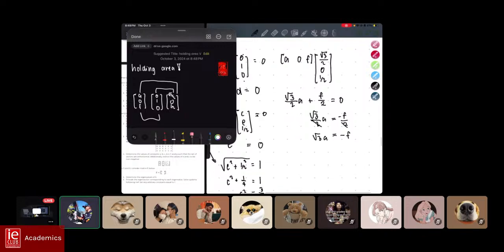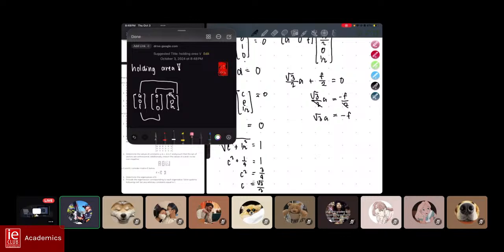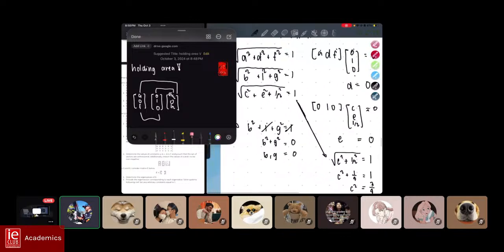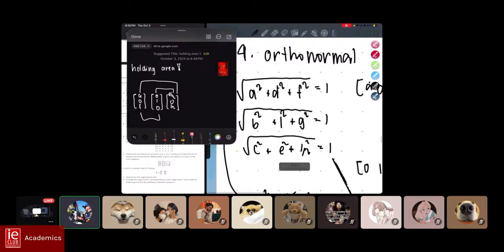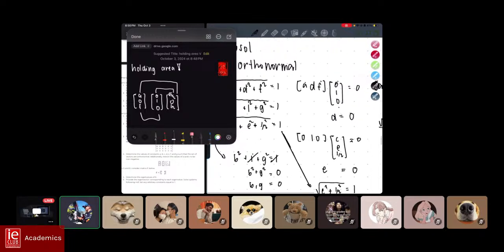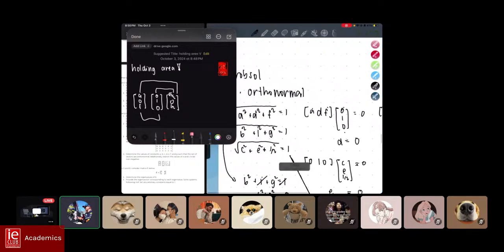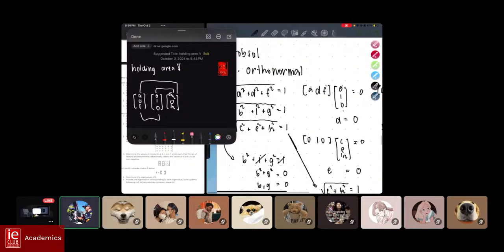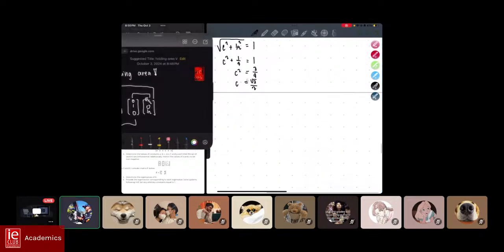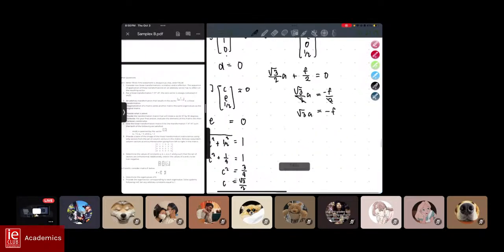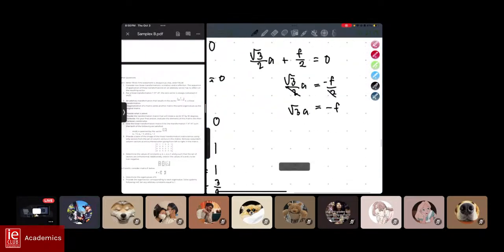So now, while this isn't the most useful yet, magagamit natin to, kasi this is a relationship in terms of each other. So now we can plug this back in here, kasi nahanap na natin yung value of d. So 0 na to. So we're effectively left with one variable if we relate f in terms of a. So just move this around.